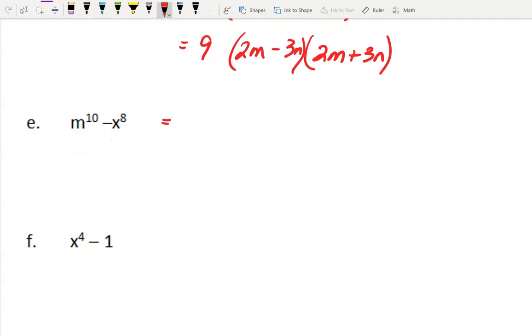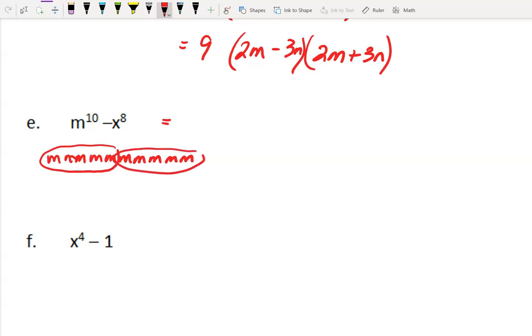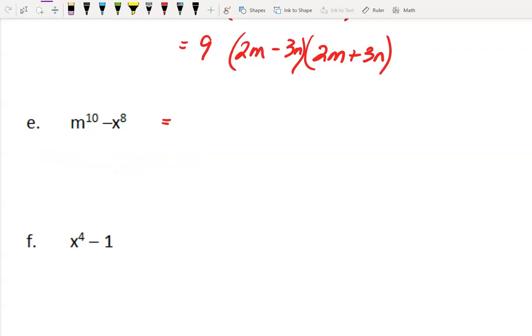Is this a difference of squares question? Is this a perfect square? Some of you are saying, no, 10 is not a perfect square. But remember what m to the 10 means. It means m, 10 times. And that means you could have m to the 5 and m to the 5 as your two factors.